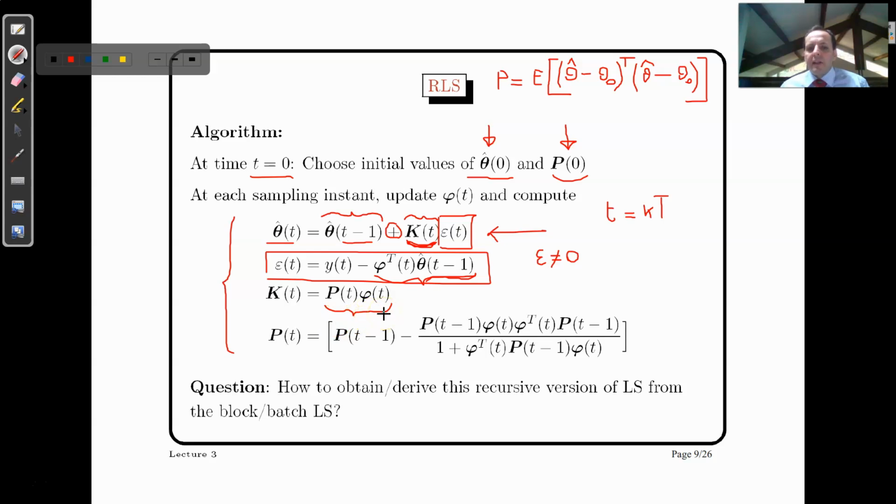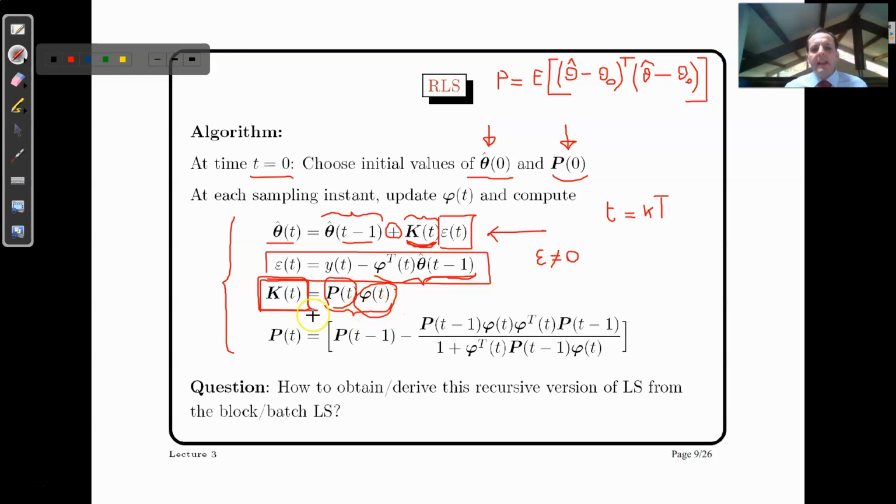I just want to explain to you how it works. I don't want to enter into the details of this adaptation because it's quite complicated, but the correction factor takes into account two effects measured by P and phi.